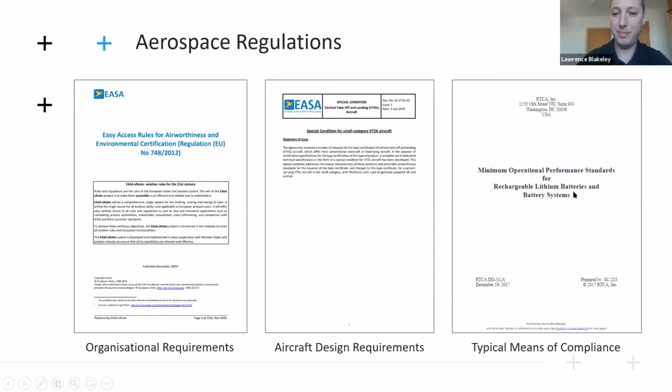It doesn't mean we have to pass everything. It's just we need to demonstrate an alternative means of compliance if we can't meet the acceptable means of compliance. There's another whole host of documentation that is being developed as well that runs alongside the DO-311A.